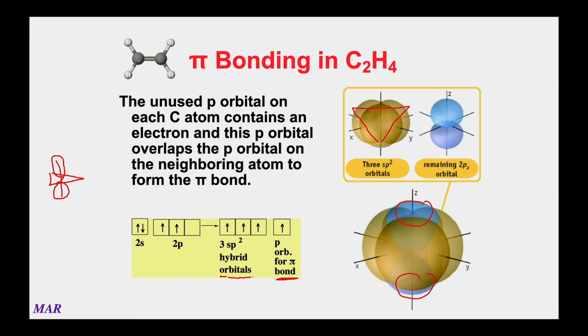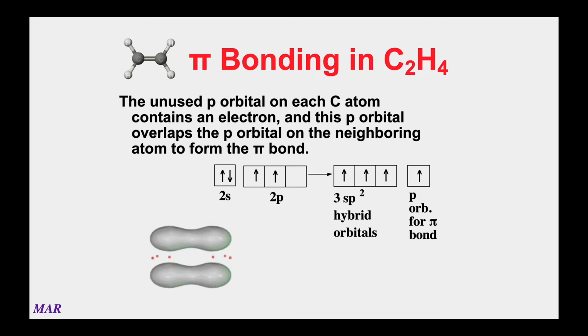So if you have two of these 2p orbitals next to each other, they communicate with each other a little bit. The pi bonds arise from the overlap of unhybridized p orbitals, one on each carbon. Note that pi bonding electrons are found in a region above and below the sigma bonding region.